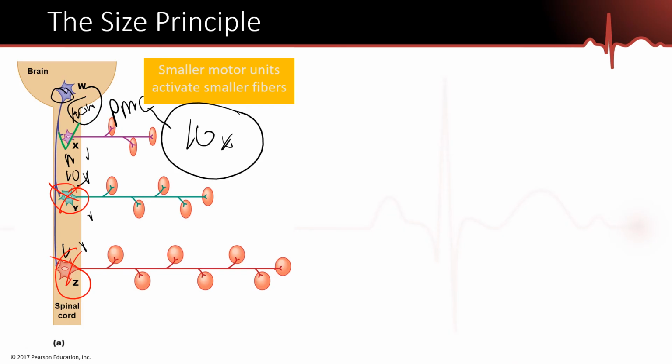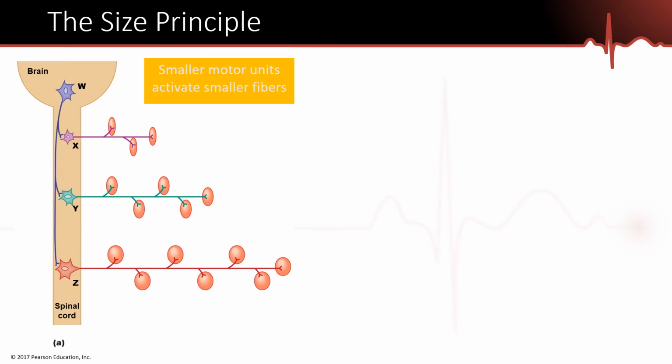And now we have to think about, what does all of this mean? If alpha motor neuron X gets to threshold, but alpha motor neuron Y and alpha motor neuron Z don't get to threshold, what's going to happen? What that means is that alpha motor neuron X will generate an action potential, pass that action potential to the 3 small, slow twitch muscle fibers that it synapses with, and these 3 fibers will contract.